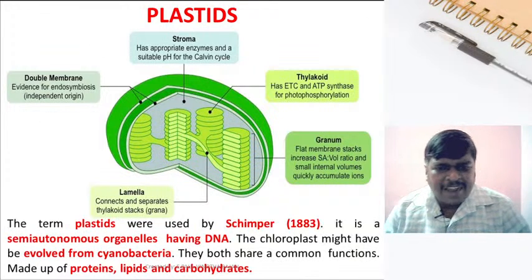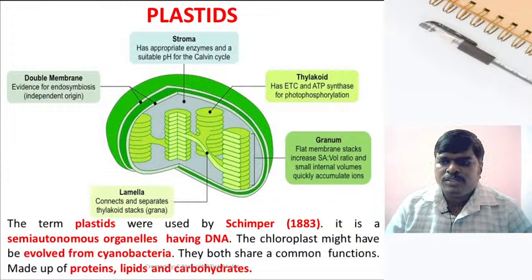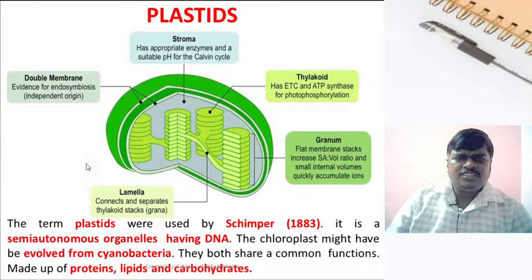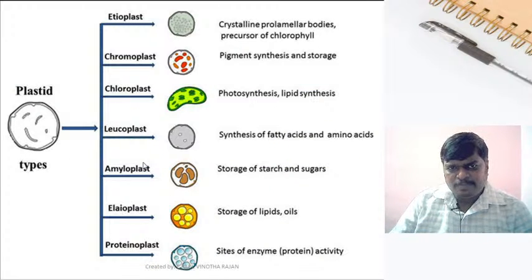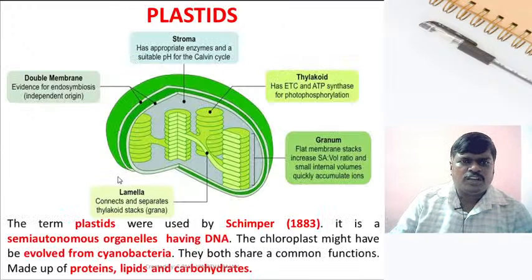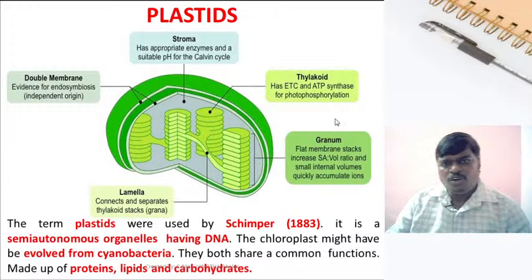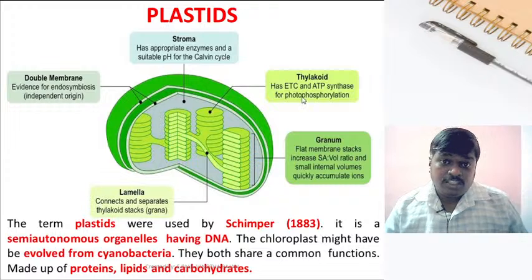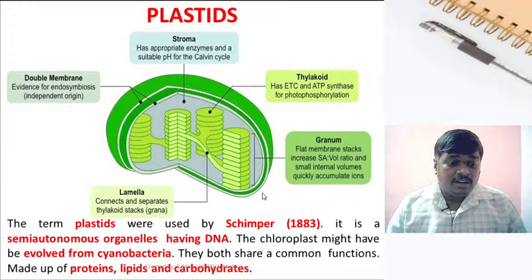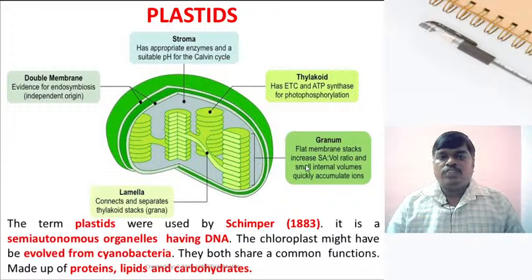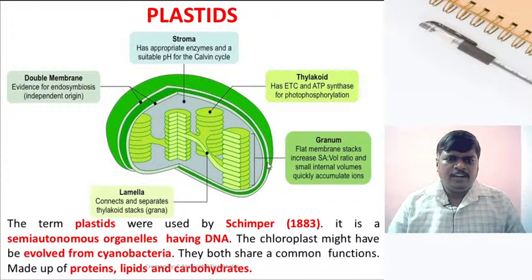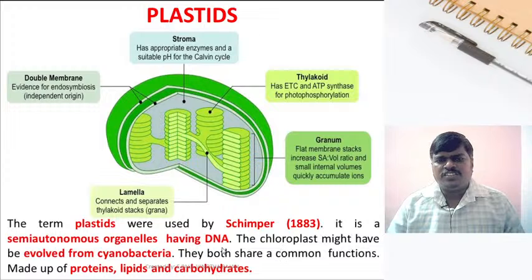Next we are going to talk about plastids. Different types of plastids are there. I'll explain that and then the structure of the chloroplast. I've already explained it in the previous topic, but if you want, I'll explain that also again. The term plastid was first used by Schimper in 1883.